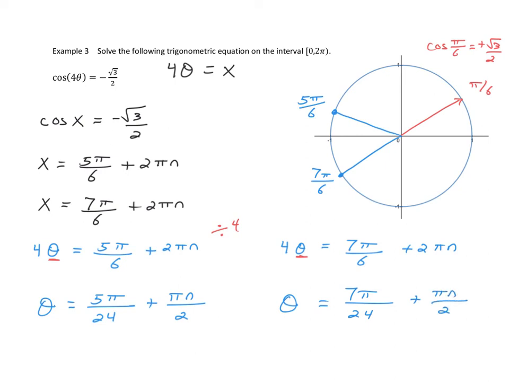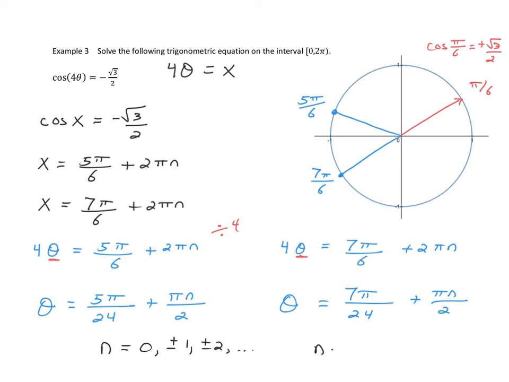The fact that these are becoming very small, and we're also adding small multiples of pi, I think we're going to have a lot of solutions to this equation. We're going to have to check the values of n that make theta fall within this interval. So again, we have to check n equals 0, maybe plus or minus 1, plus or minus 2, and so on.